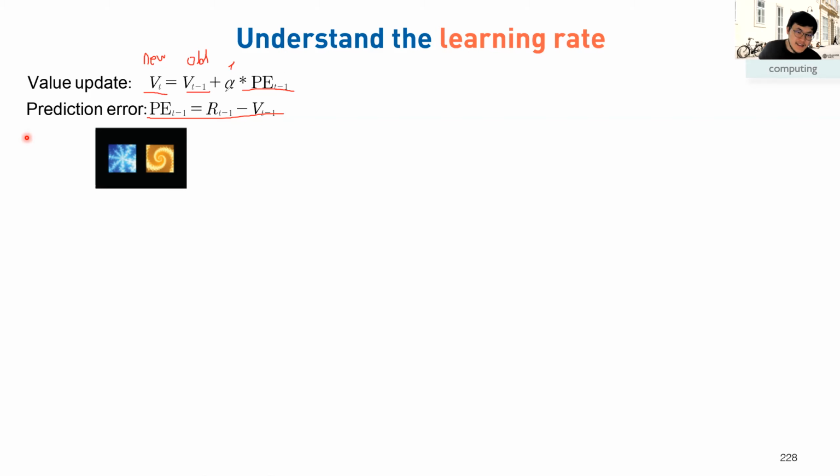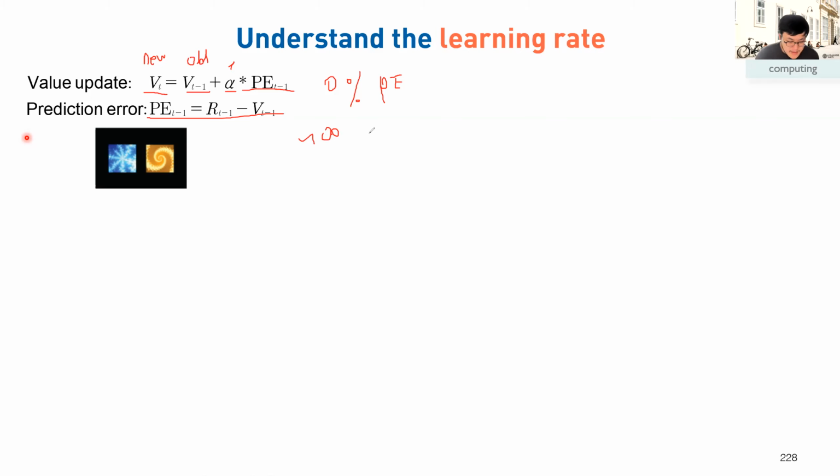So you can imagine that the learning rate is the proportion of prediction error entered into the value update. 0 means 0% of the prediction error will be used for the update. 1 means 100% will be used to update the value.